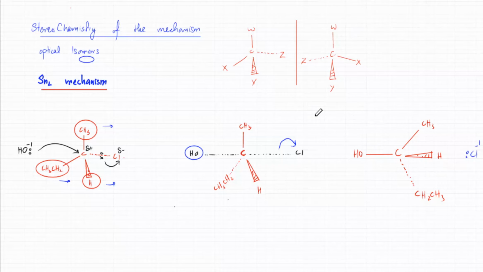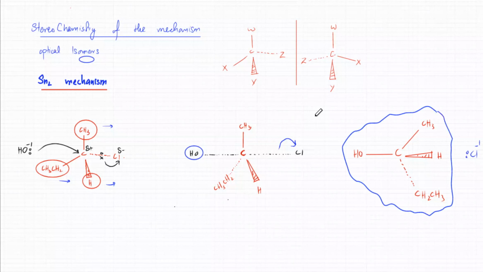Yes, sir. I said now the point I'm trying to make is that you'll only get just one chiral in this case, not the other one. Because remember, when you have optical isomers, in the other molecule, for example, if you look at this one, it's bonded to the right, over here it's bonded to the left.